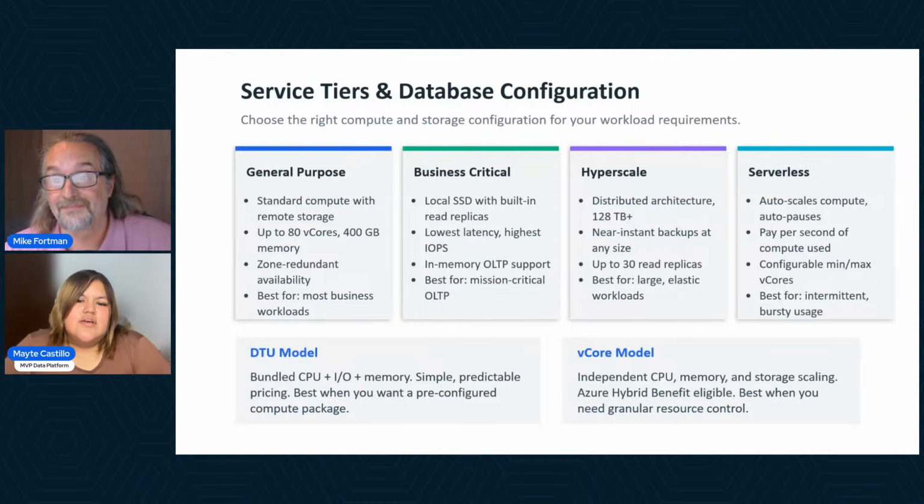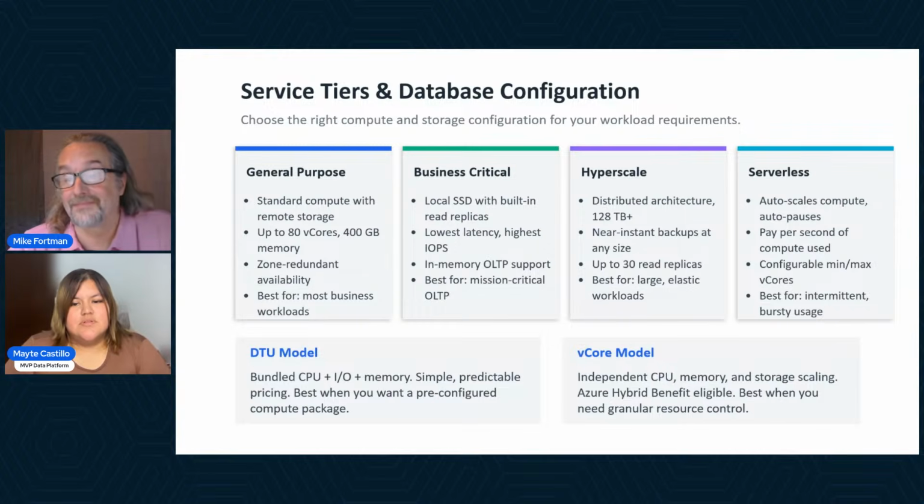Hyperscale uses a distributed architecture and is designed for very large and rapidly growing databases. It supports fast backups and multiple read replicas, making it suitable for large and elastic workloads.